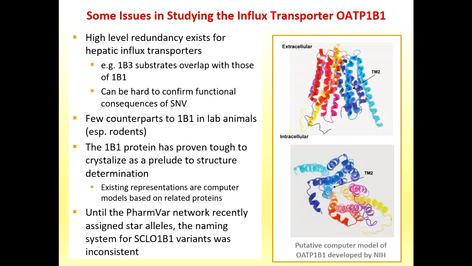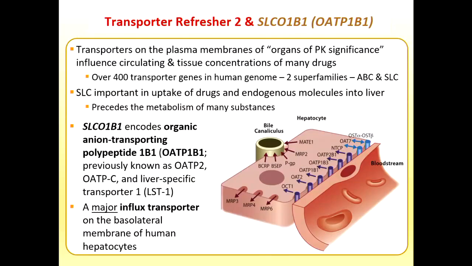No one's really figured out how to do that with this particular transporter yet. They're very difficult to create X-ray crystals. But also, another factor is that all these transporters that facilitate drug uptake into the liver can often do each other's job.